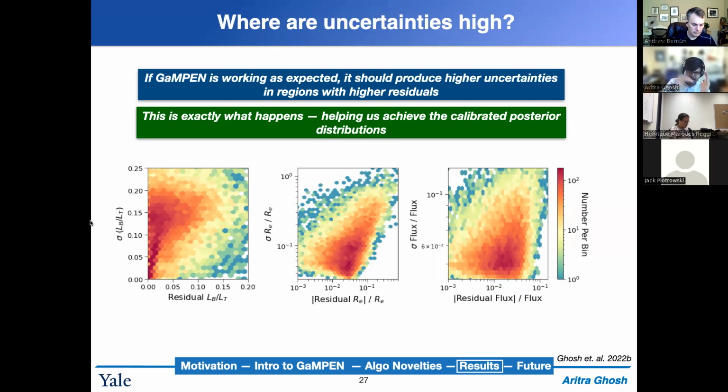We don't expect a linear trend over here. If you run a statistical test of correlation, you will see that all of them are strongly correlated with each other, and you can reject the hypothesis of null correlation with very high significance. So essentially, in the regions where you're uncertain, where your residuals are higher, GaMPEN automatically goes on and predicts larger uncertainties. And this is what helps us achieve the calibrated coverage probabilities, which I showed you a few slides back.